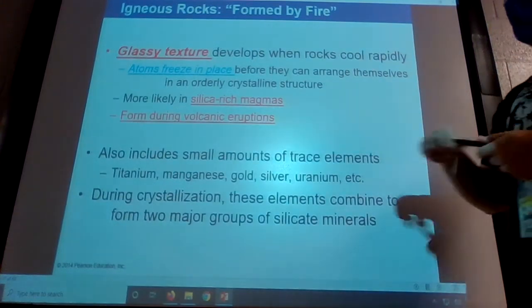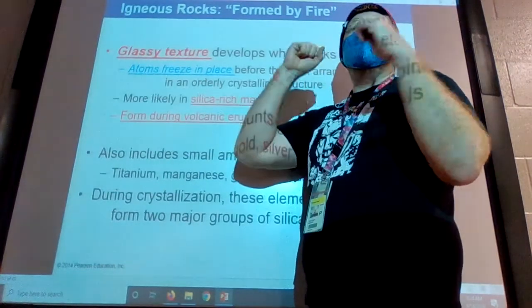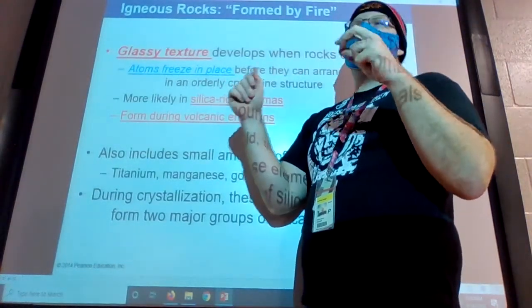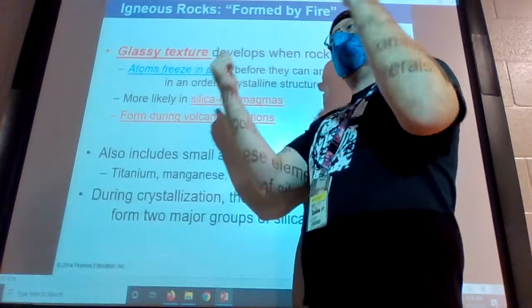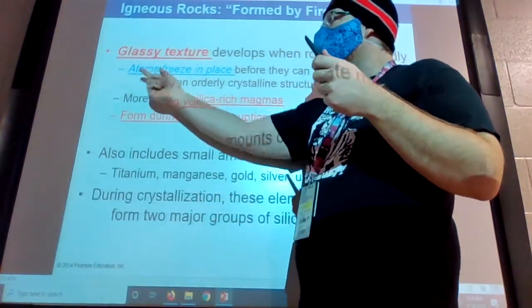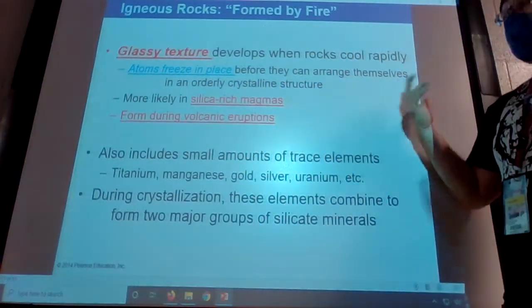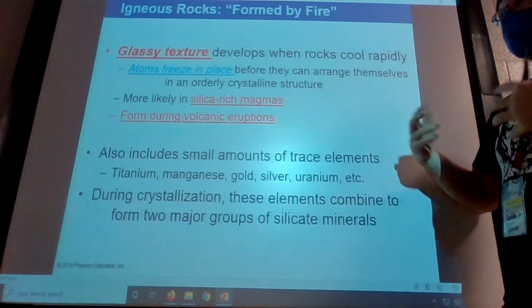And then lastly, we have glassy. Glassy cooled almost instantly. This is going to be your lava that goes straight out of the ground and straight into the water, like in Hawaii. And literally on the atomic level, they freeze into place. There's no mineral creation, no crystal creation.